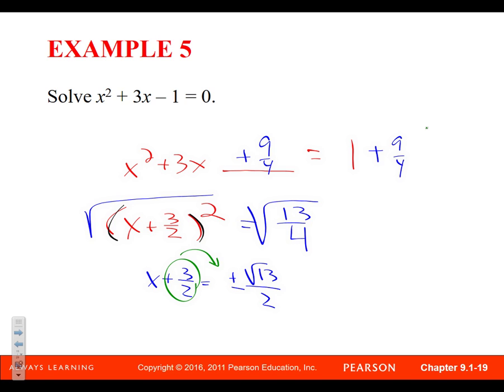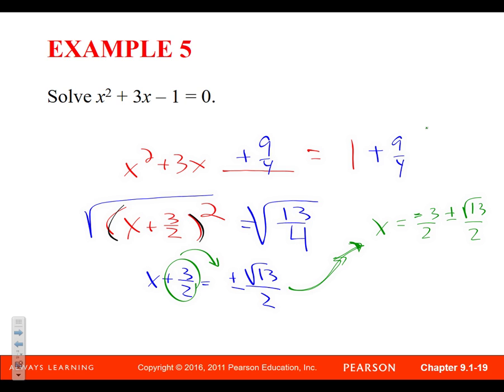I'm going to move that 3/2 over, and that's going to give me, I'll write it over here, x is equal to negative 3/2 plus or minus the square root of 13/2. I went from here to here. I just moved the 3 halves over to the other side.